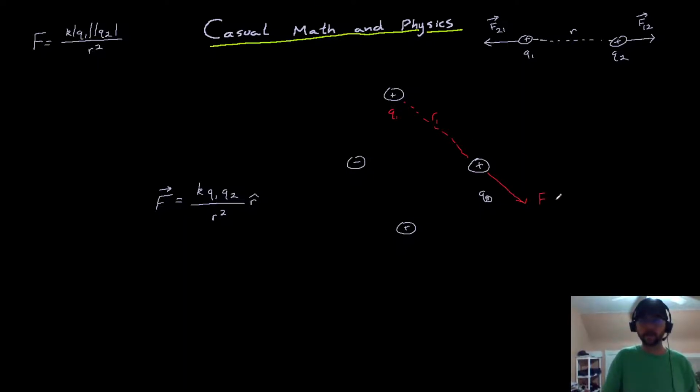So this is the force of 1 on 0. And let's use yellow. All right, so if this is Q2, then this is R2, and this is the force of 2 on 0.